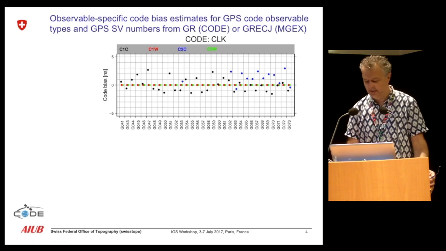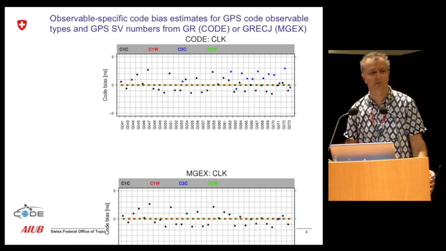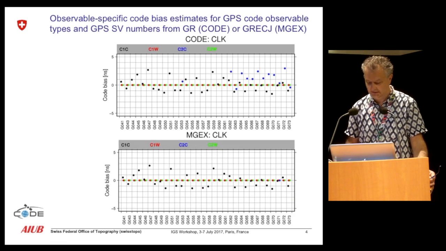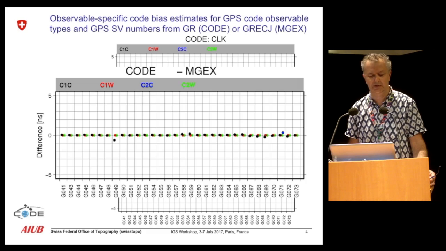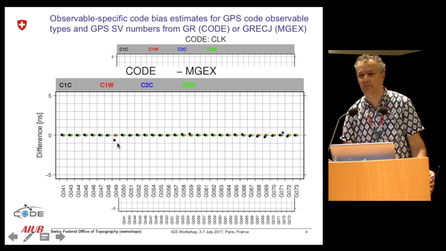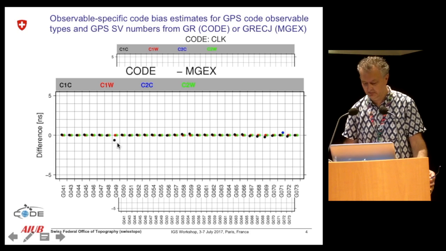This is again the same plot, and now compared with the results from the MGEX analysis. And what we see here is there is generally very good agreement between both results. This outlier comes from the fact that this particular satellite was unhealthy during that time.